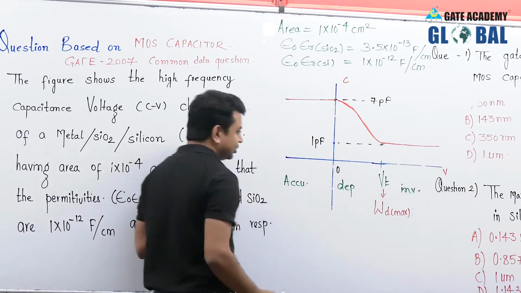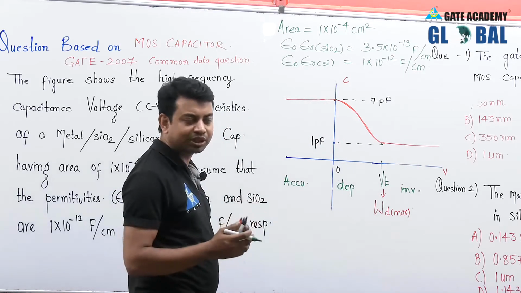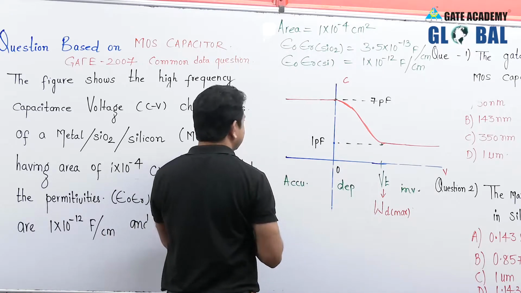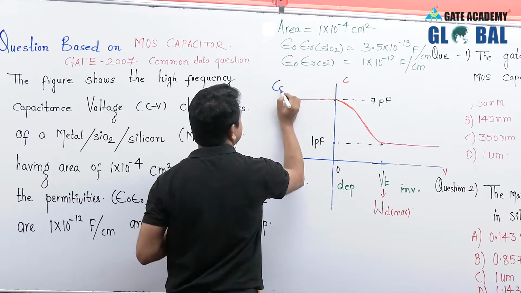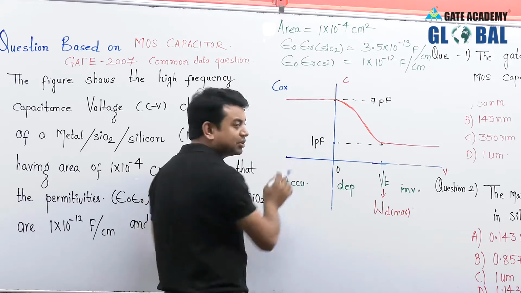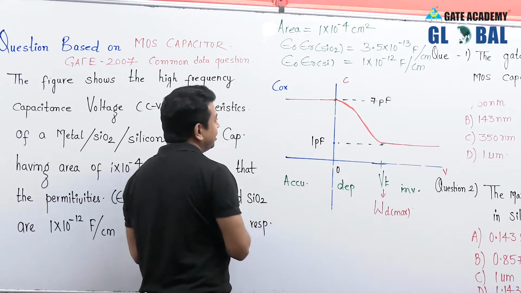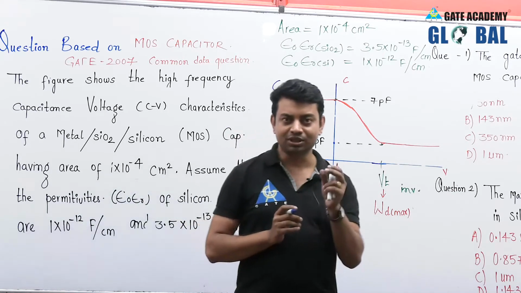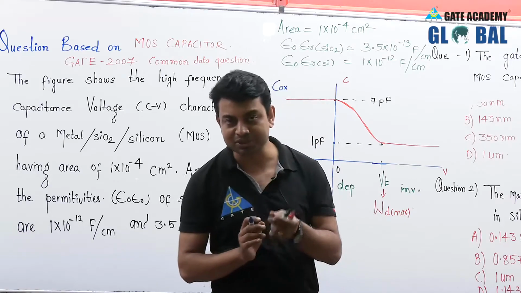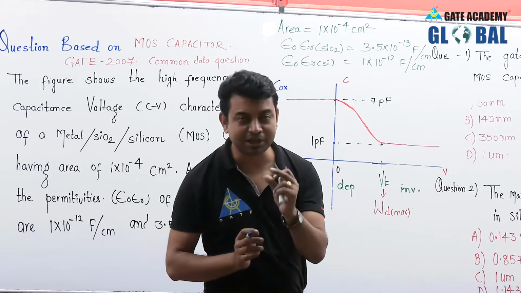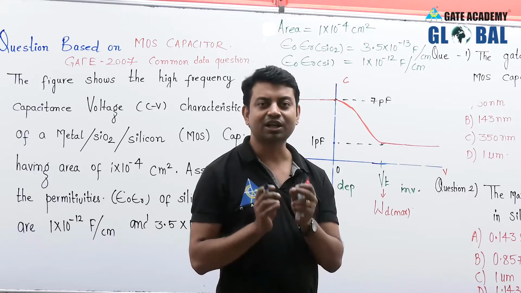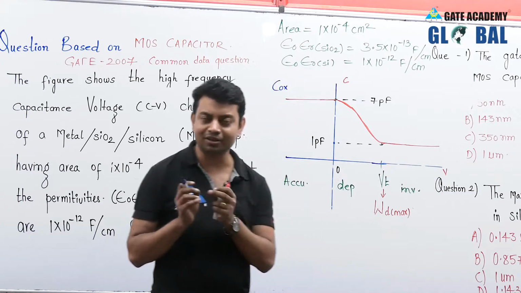The first expression is the oxide capacitance, because between the 2 plates of the MOS capacitor, the first plate is metal and the second is semiconductor, and in between we have a dielectric medium.